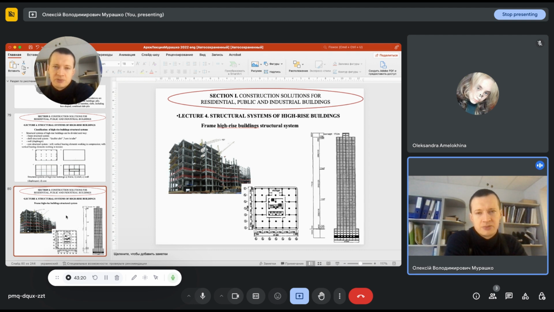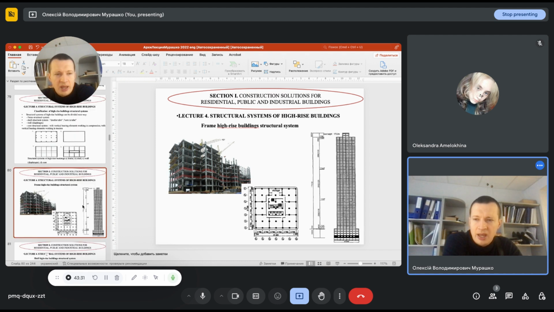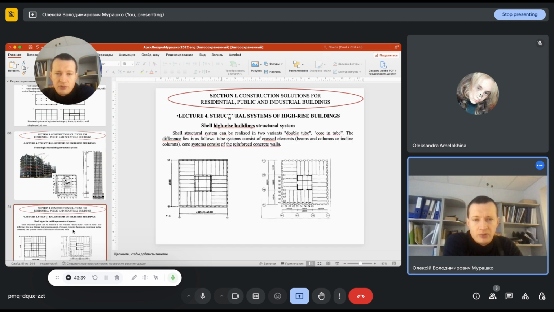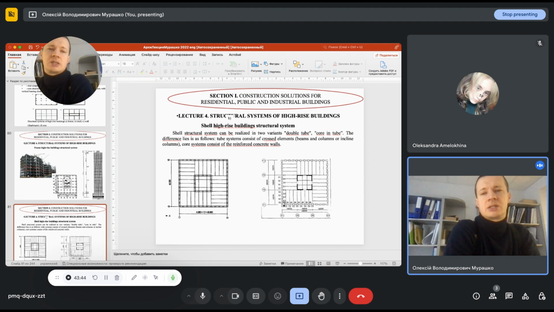For example, a frame building with rectangular columns with a span of 5.7 meters, and in this case we have one significant problem for this building, and I will show you what that problem is. The next variant for such a building is called core in tube or double tube.